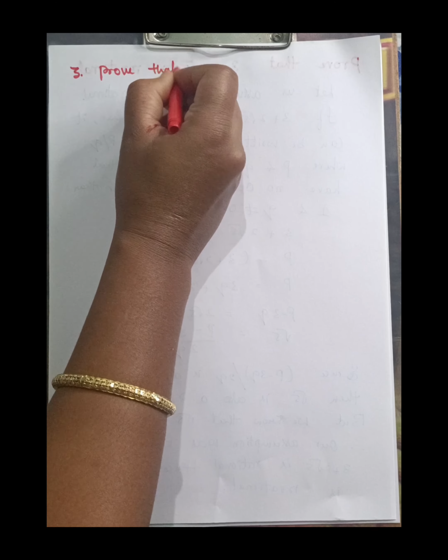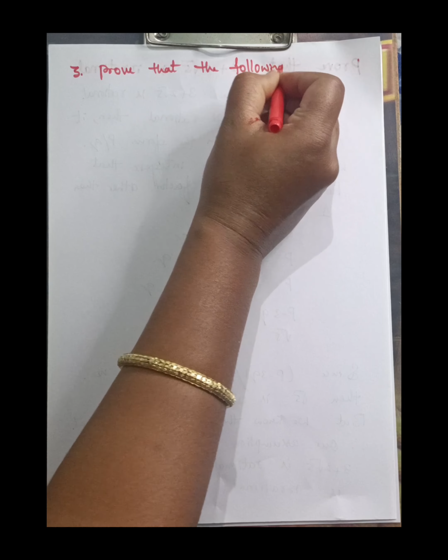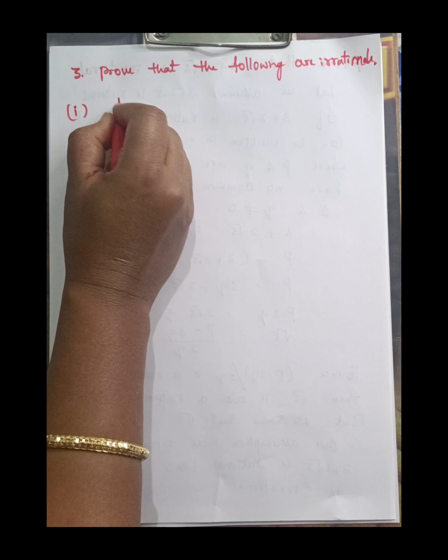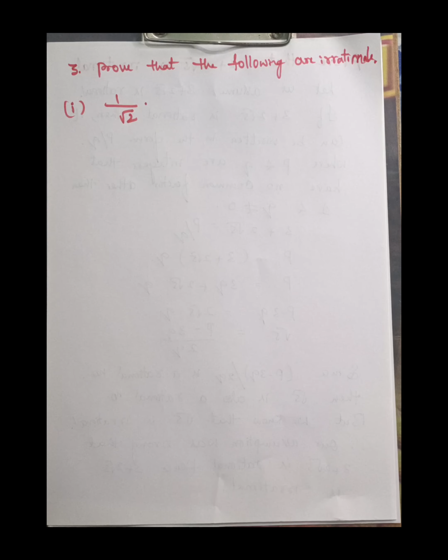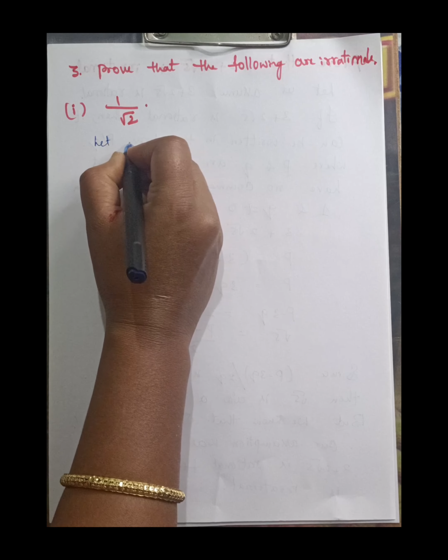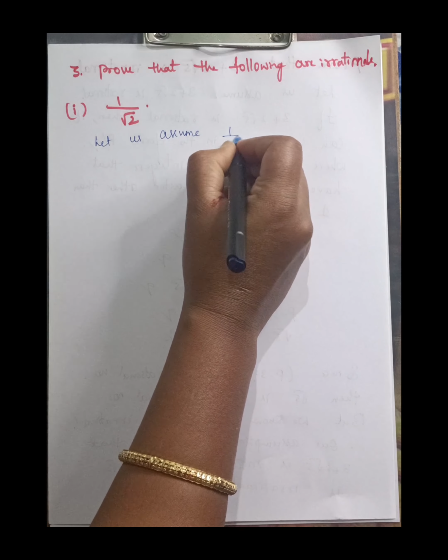Now, let us jump to the next problem of this exercise. Prove that the following are irrational numbers. The first question in this part is 1 by root 2.